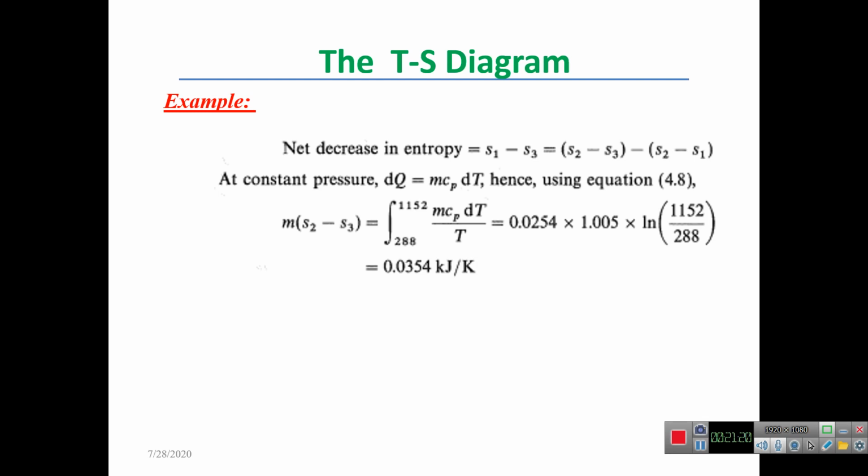So at constant pressure, dq equals m cp dT, as we have shown earlier on.